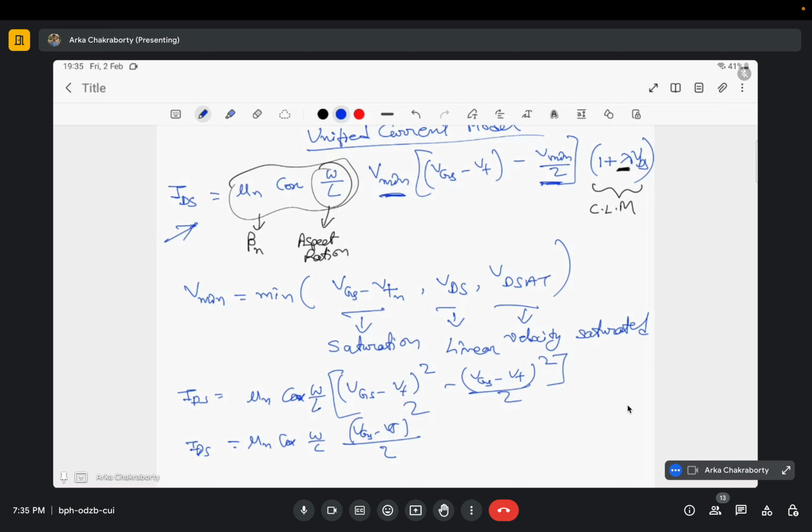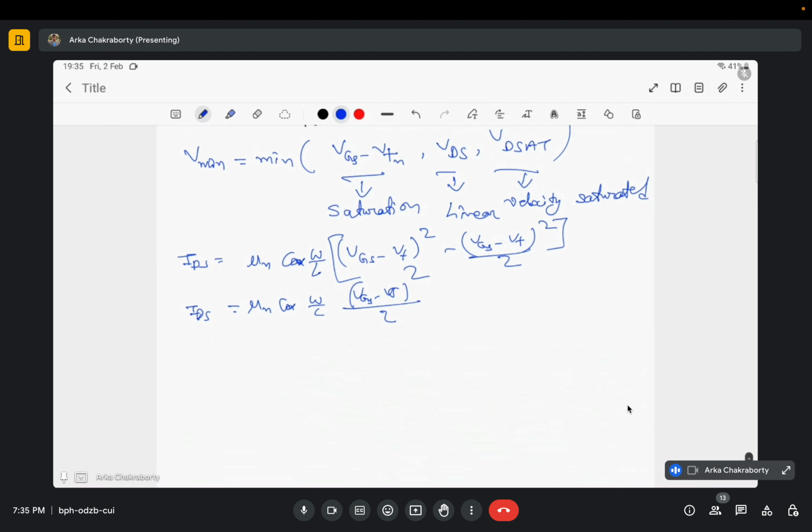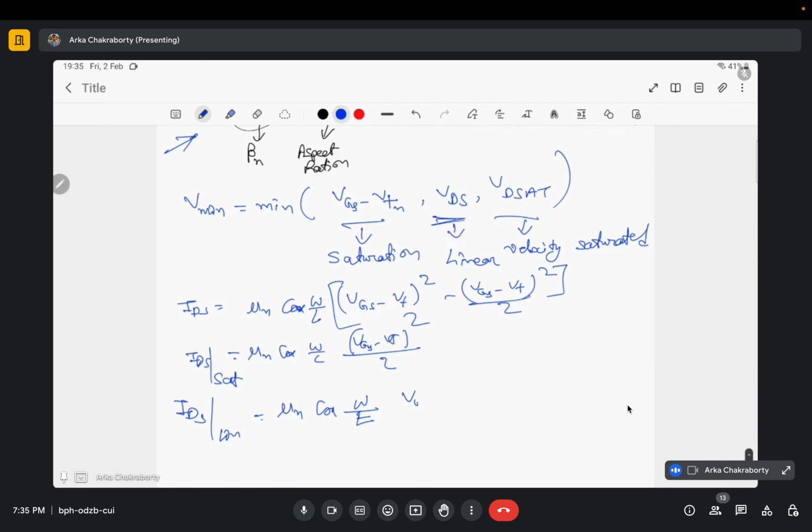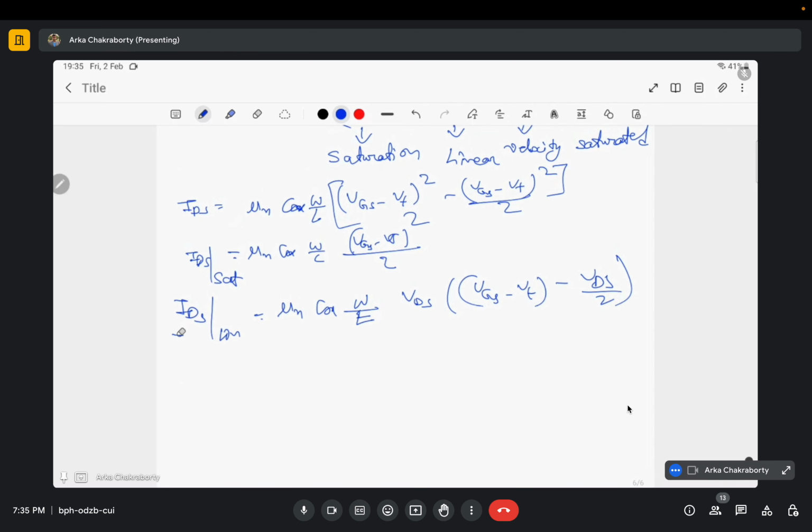It is basically an approach to incorporate all the conditions in a single expression. Similarly, for linear it becomes mu n Cox W by L, and V min is replaced by VDS, giving VDS into (VGS minus VT minus VDS by 2). Simple. For velocity saturated, my handwriting is not that good, sorry for that.